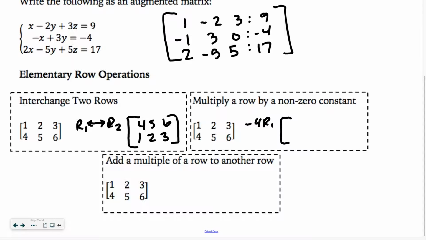And just distribute it across row 1. That would be -4, -8, and -12. And then because I chose not to do anything to row 2, it would remain the same, 4, 5, 6. So you're allowed to just multiply the whole top equation by -4. That's fine, or top row.